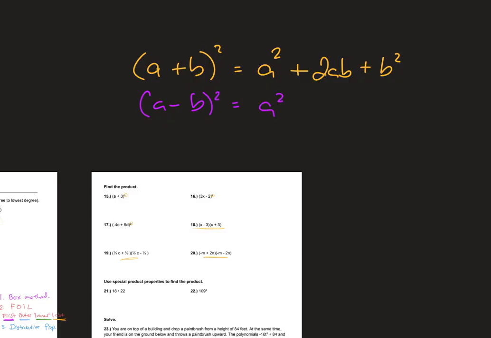In fact, hang on, let me copy paste this. The reason I'm going to copy paste this is because it will help me illustrate the only change right there. So from this one to this one, there is only one change, and it's that minus.